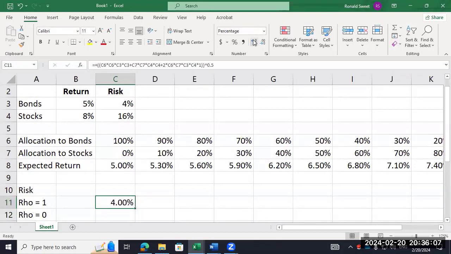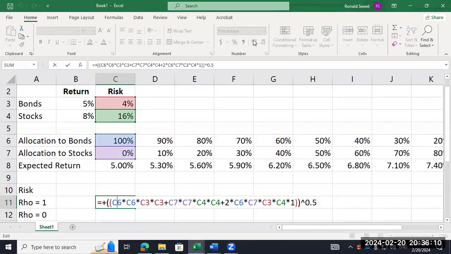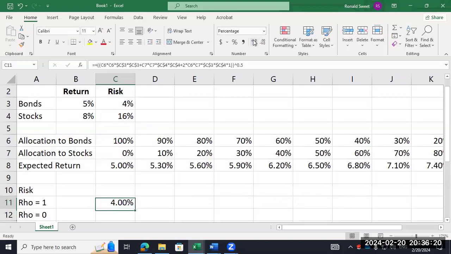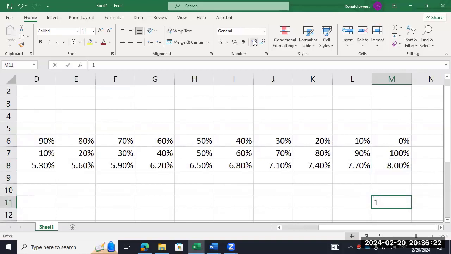Sure enough, it is. So let me block some things in here. And for stocks, it's 16%. You're 100% stocks, 16%, because that's its risk. So what happens in between?